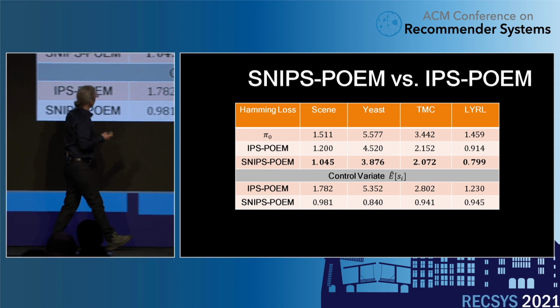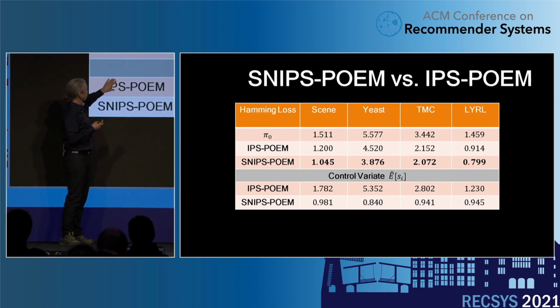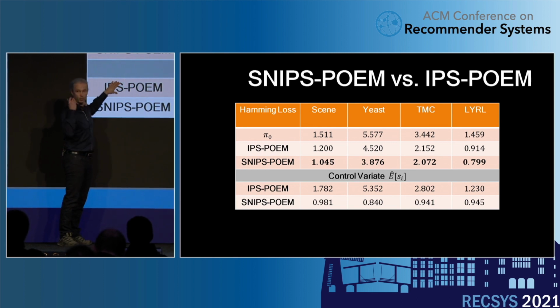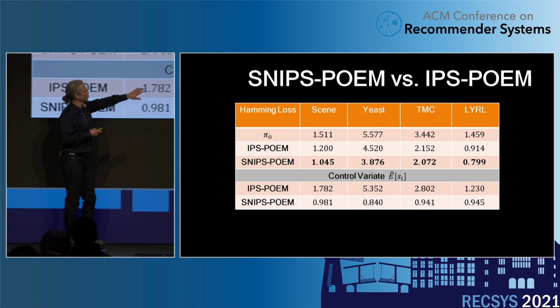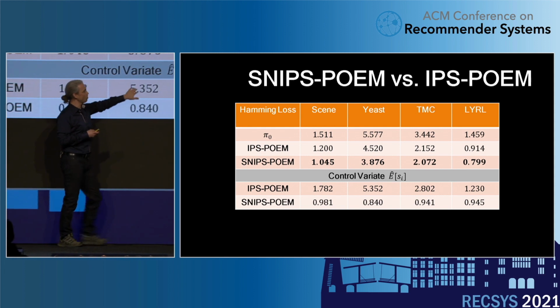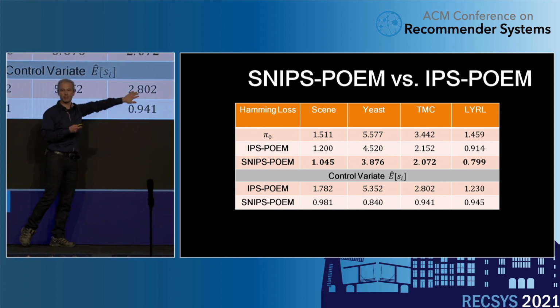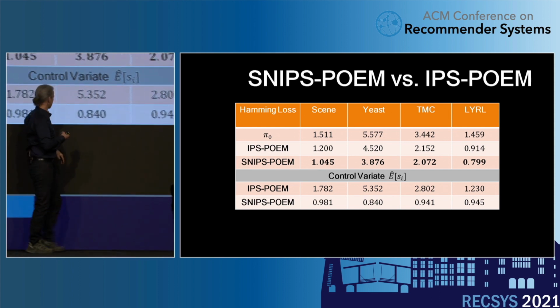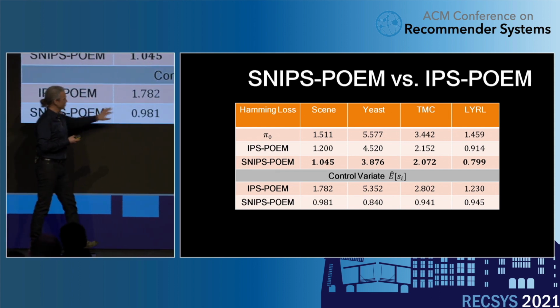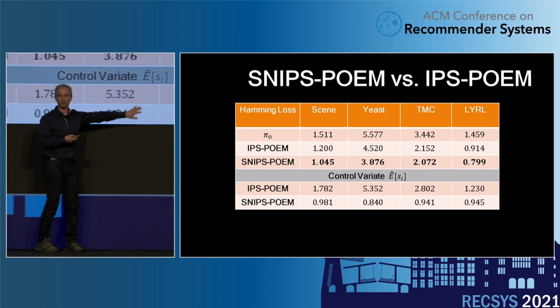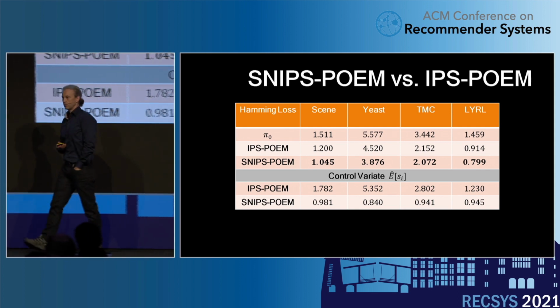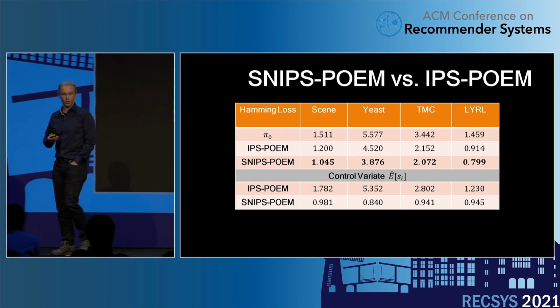And you can also look at these control variates. For the policy that the regular POEM, the IPS POEM, finds, this control variate can be way off from 1, which is a bad sign, right? It should actually be 1, but it has overfit the propensities. If you do the same with SNIPS, it's much closer to 1, which is an indication that this actually works.